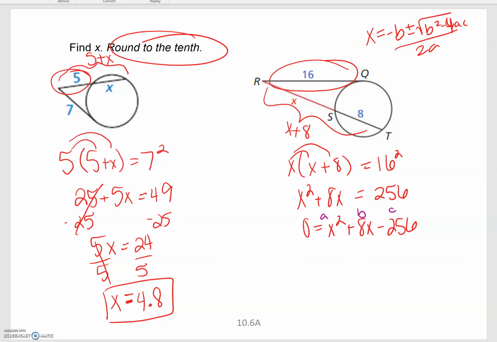On this one, it's going to simplify down to -4 plus or minus 4 radical 17. And remember, we can only have a positive answer because a negative would make that segment negative. So rounding to the nearest 10th on this one, I would get x equals 12.5.